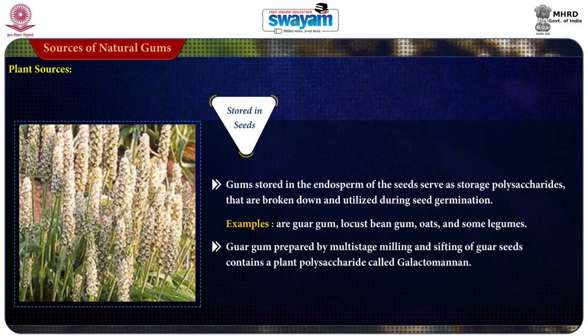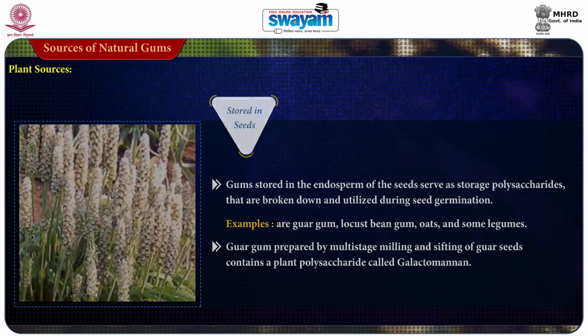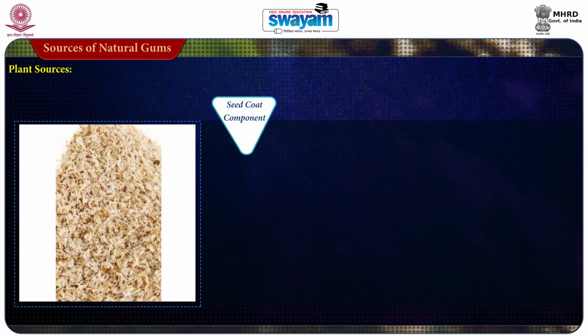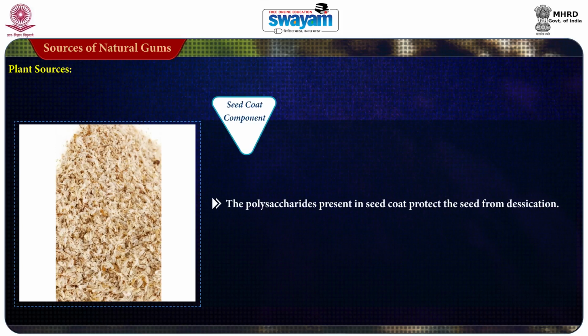Guar gum is prepared by multi-stage milling and sifting of dry guar seeds, and it contains a polysaccharide called galactomannan made up of galactose and mannose units. Then the seed coat gums: the polysaccharides are present in the seed coat and they protect the seed from desiccation. The examples are the polysaccharides present in isabgol husk.